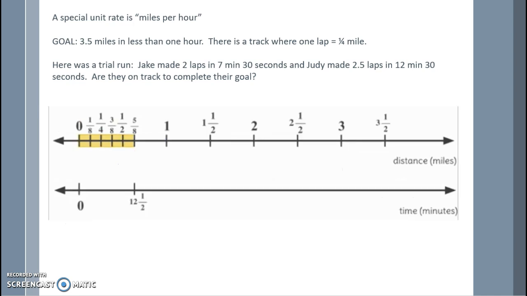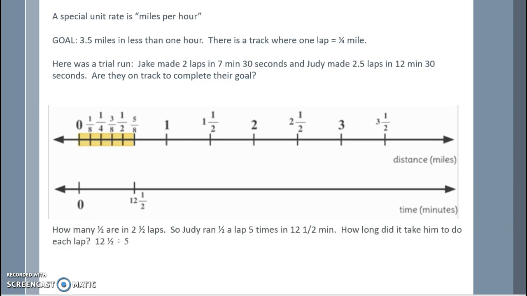So Judy made 2.5 laps in 12 minutes and 30 seconds. So if 1/4 of a mile is 1 lap, we ask ourselves how many halves are in 2.5 laps. So Judy ran 1/2 a lap 5 times in 12.5 minutes.